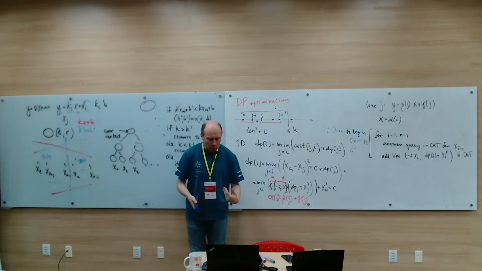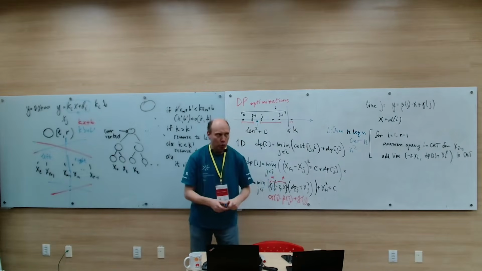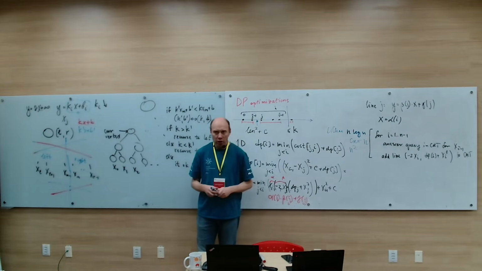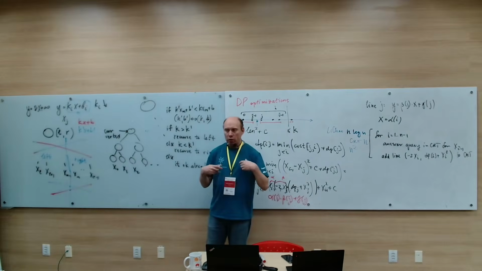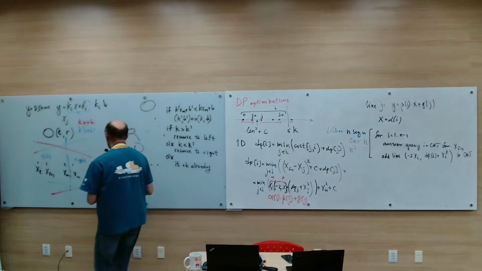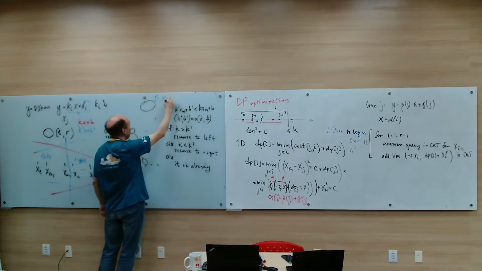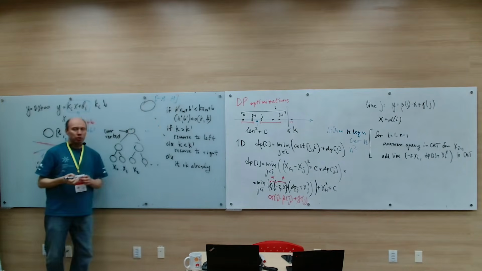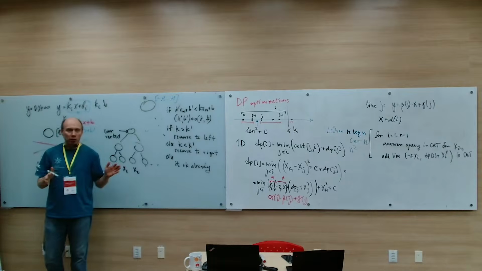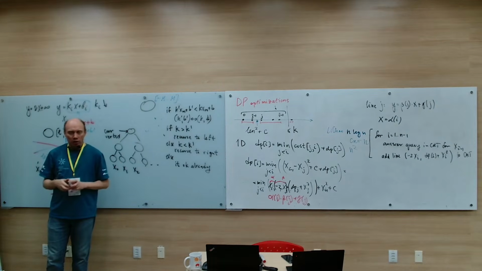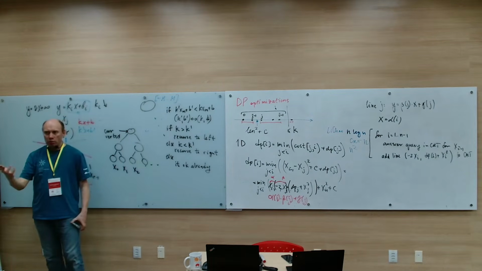What you can do is a similar structure to an implicit segment tree. You create only the root initially for like minus M to M, or whatever M you have, like 10 to the 9. And then you only create nodes when you need them.